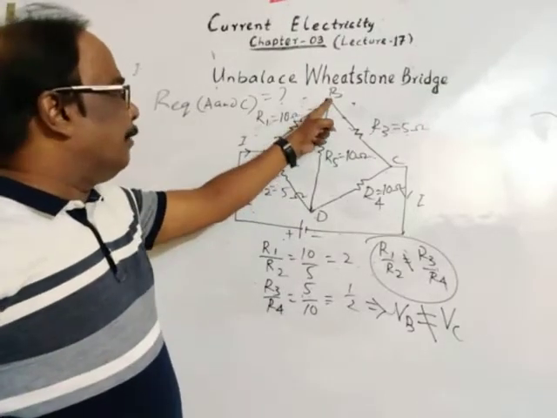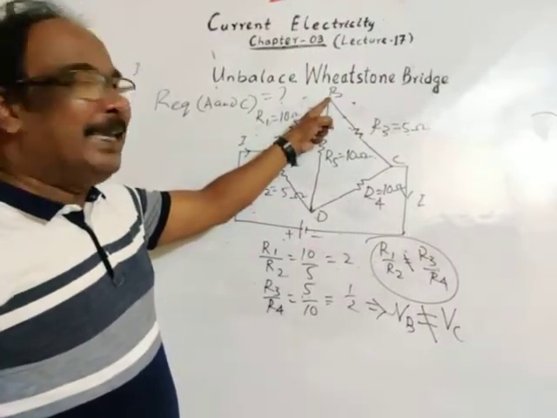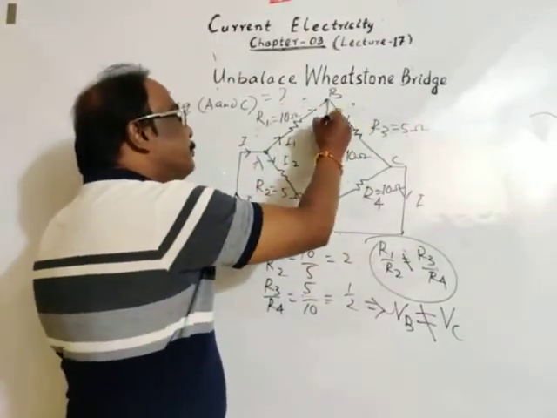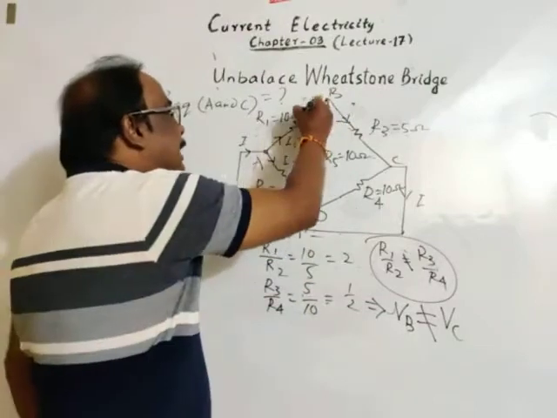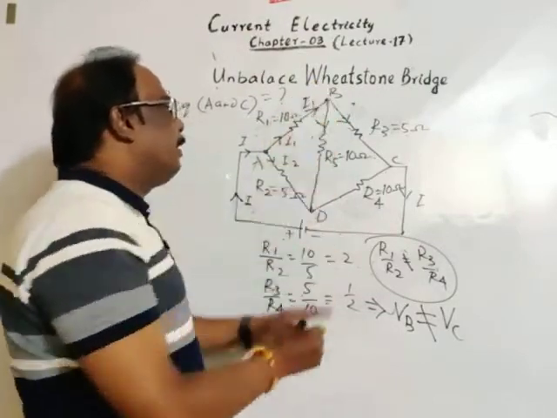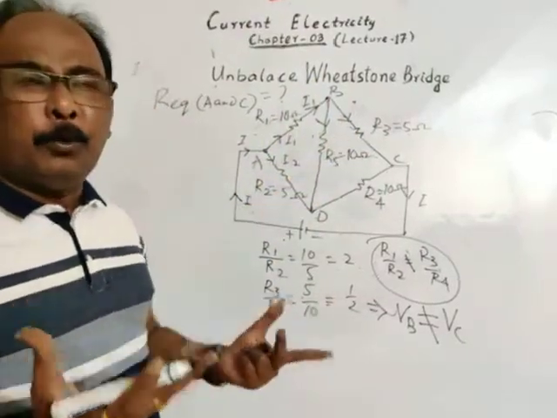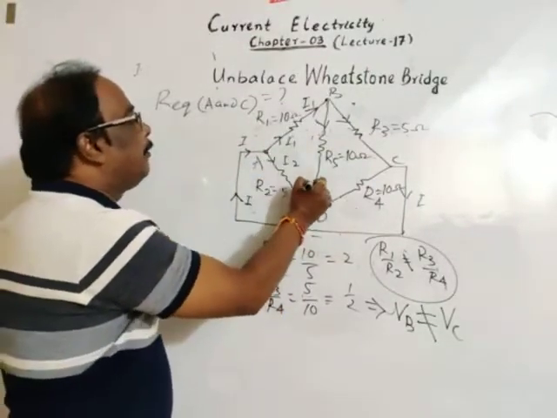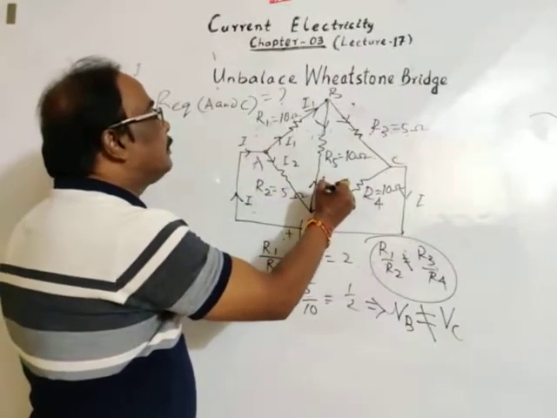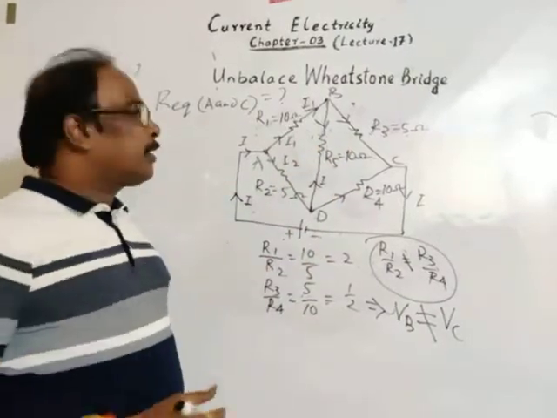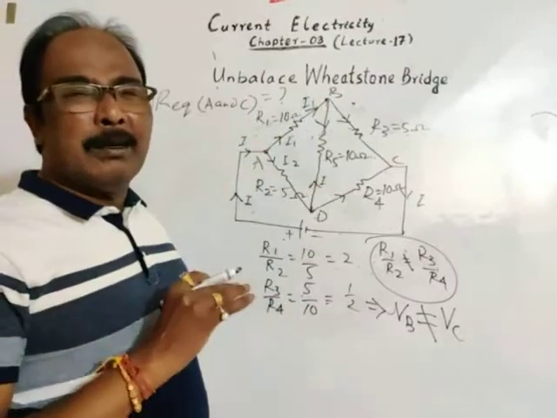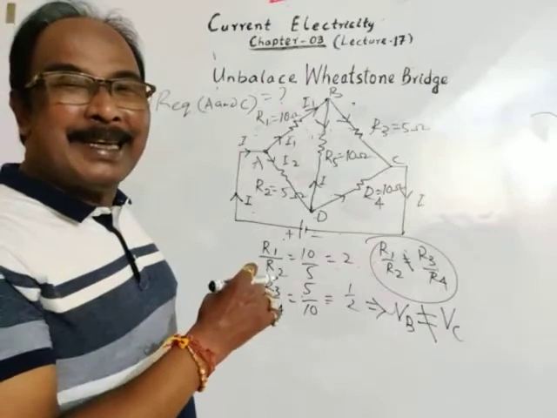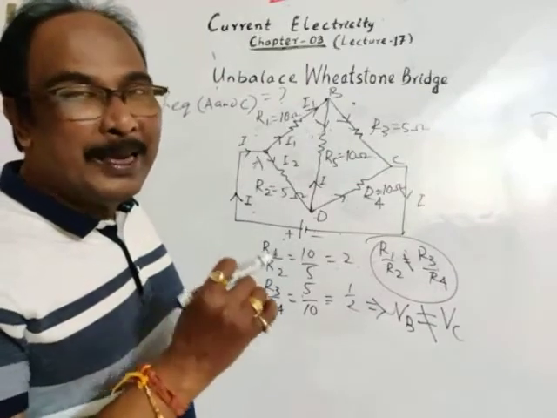Then I1 reaches junction B, where it may be divided into two branches, or I2 reaches D, where it may be divided into two branches. But from which junction will current start flowing? From which junction will there be outgoing current?